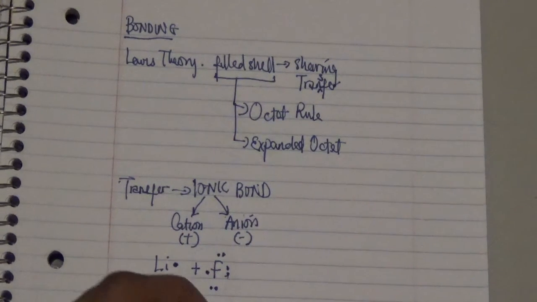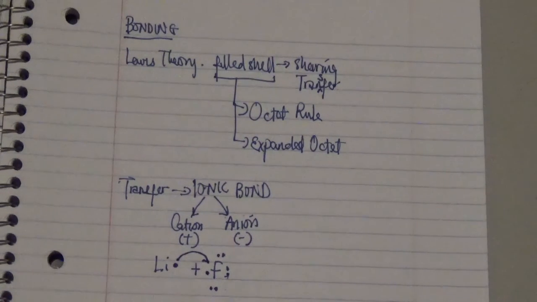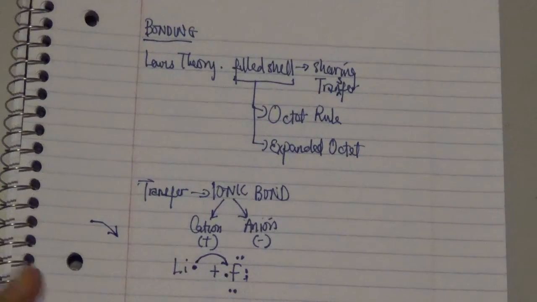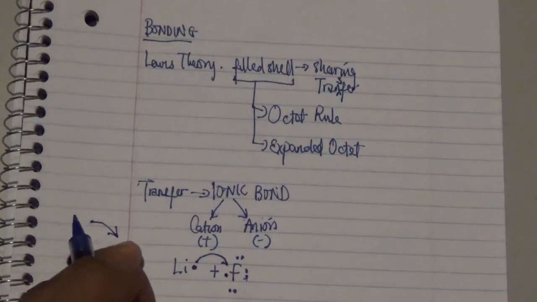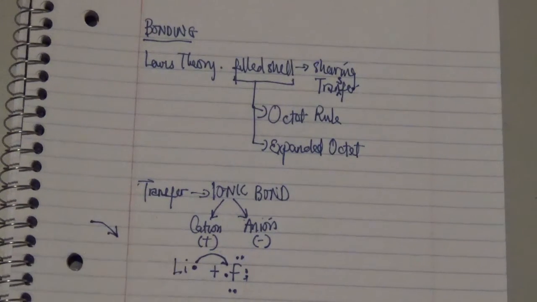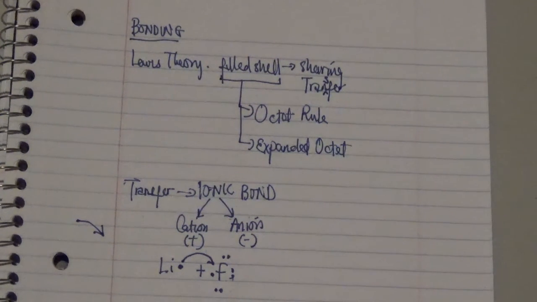Notice the arrow is a one-edged arrow, not a double-edged arrow. A one-edged arrow means I'm transferring 1 electron, moving from this to that. That will be crucial in further videos in terms of organic chemistry mechanisms.